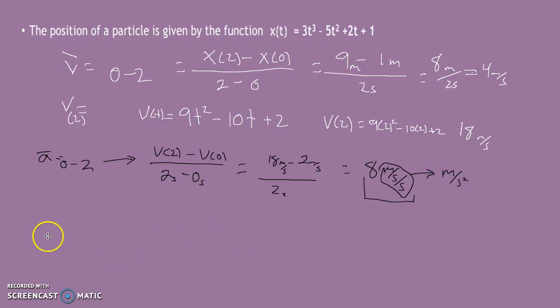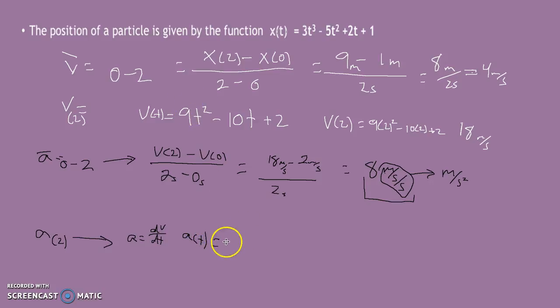Now I'd like for you to find the instantaneous acceleration at 2 seconds. In order to do this, we need to find the derivative of the velocity function, since a is equal to dv/dt. That would give us an acceleration function.